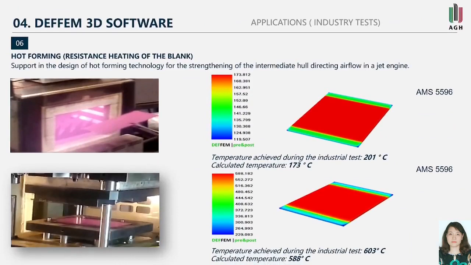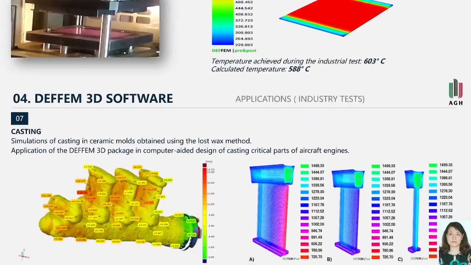The last two examples show the use of results in industrial tests. The first case is resistance heating of the blank. On the left side are hot forming processes under industrial conditions, and on the right side are simulation results. We can see good correlation between simulation and industrial tests at both low and high temperatures.